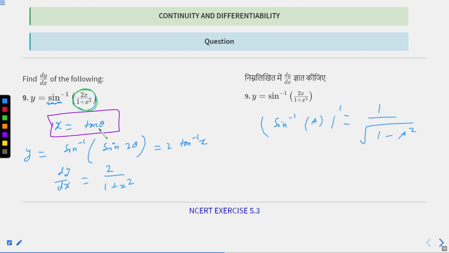If you go through the conventional, long method, the chance of error will be high. Here you will get your correct answer in less time, very accurately and efficiently. So this is what problem number 9 is about: the substitution.